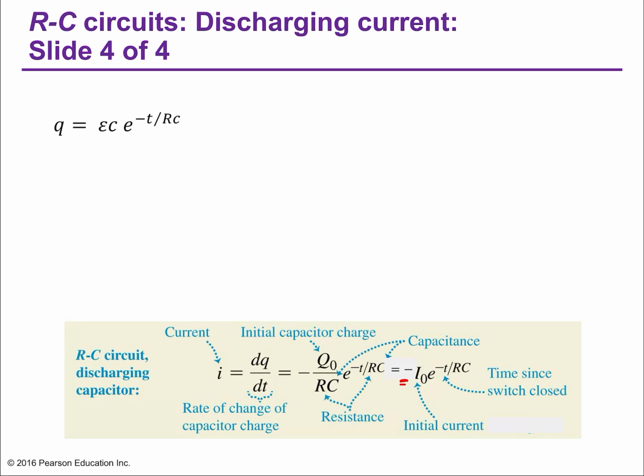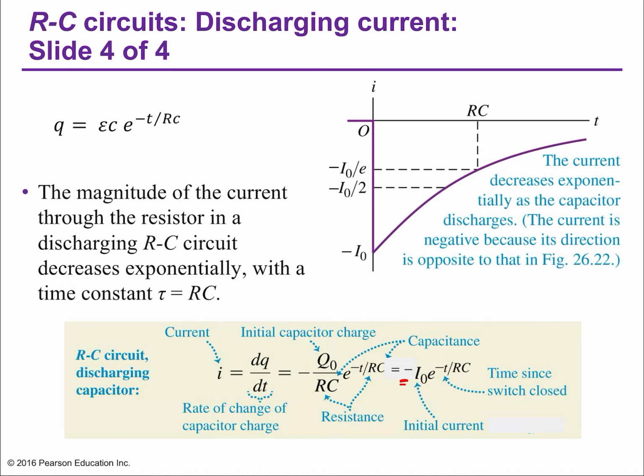The negative sign just indicates that the discharge current is in the opposite direction to the charging current. Otherwise it would have been positive. Now we can go ahead and graph it. The graph shows that the current is below the zero line because it's negative, with the same time constant because R and C haven't changed, and the initial value of the current will now be minus I naught.